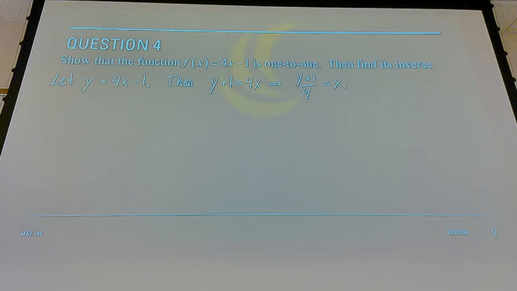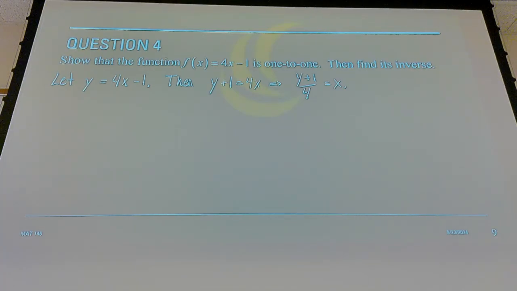So if I said that y is 3, what input do you need to get an output of 3? One. So 1 corresponds to 3. That's what that says.